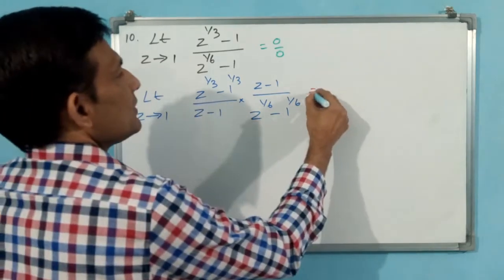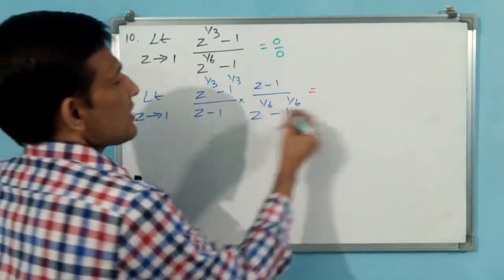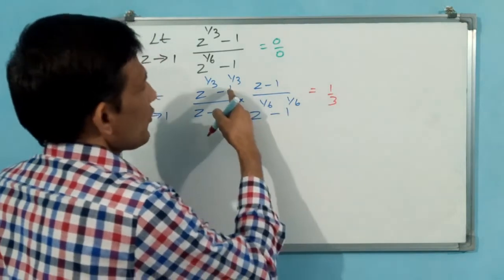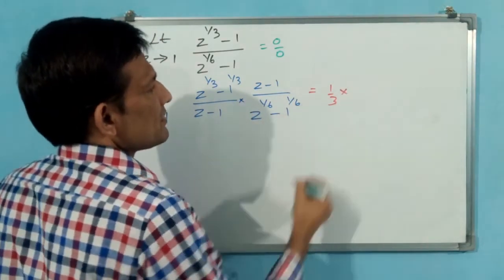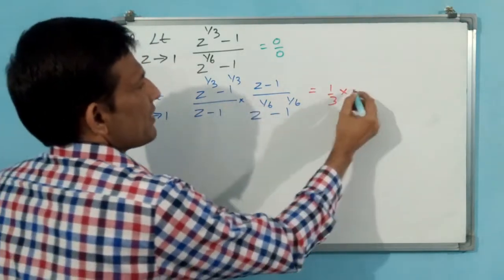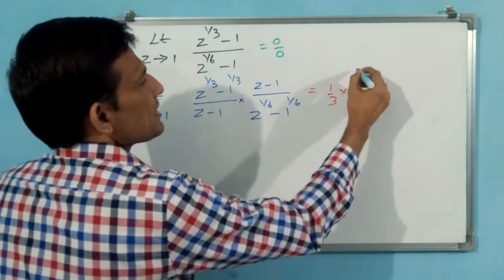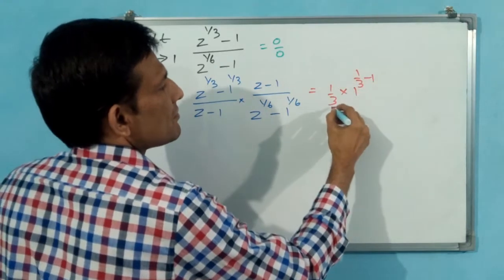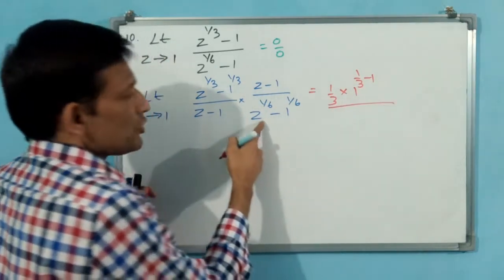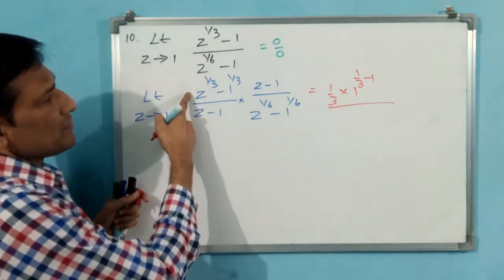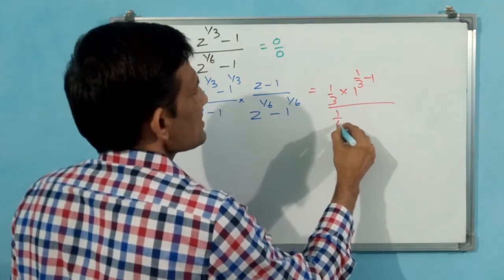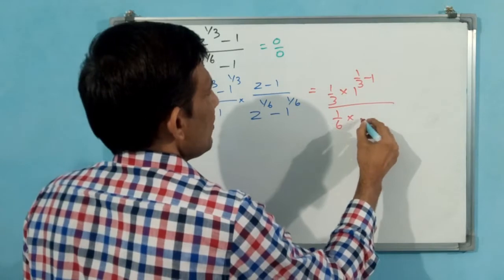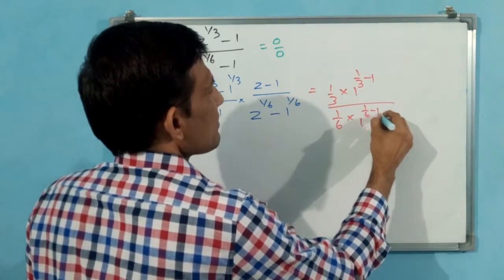That is equal to, n is here 1/3 for the numerator, and for the denominator 1/6. So 1/3 into a, which is 1 power 1/3 minus 1, divided by, why? Because the numerator is here and the denominator is here, 1/6 into 1 power 1/6 minus 1.